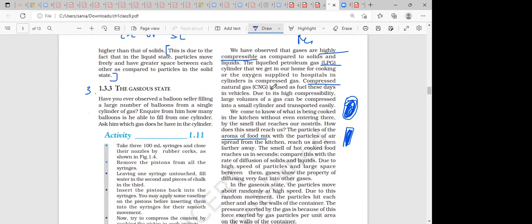The answer is written over here. The first question is: why do we use CNG as a fuel? You can write it down. Leave two or three lines, and after that write the other question.